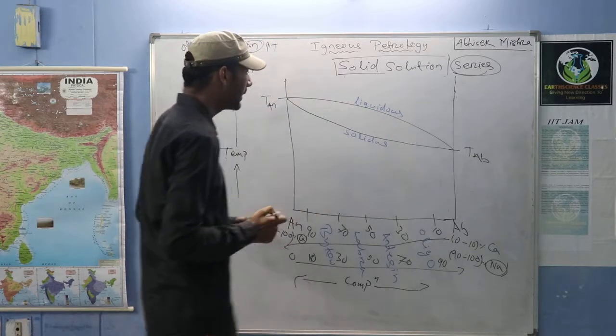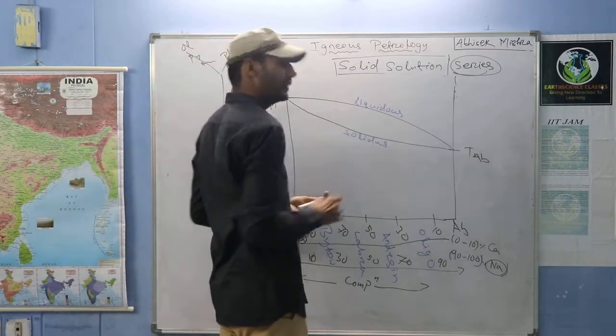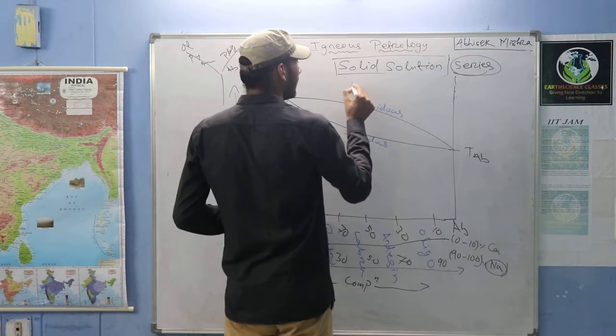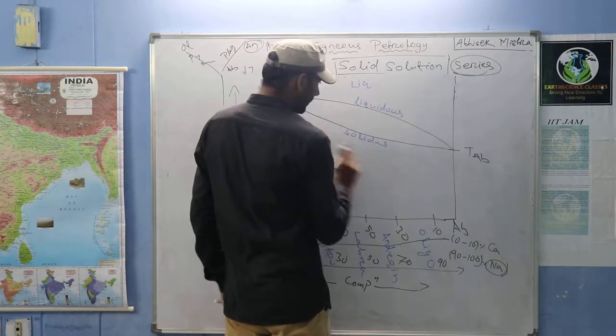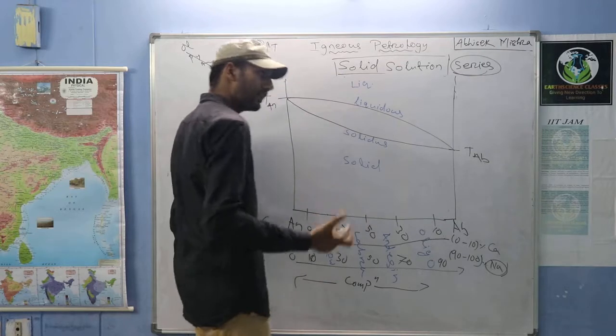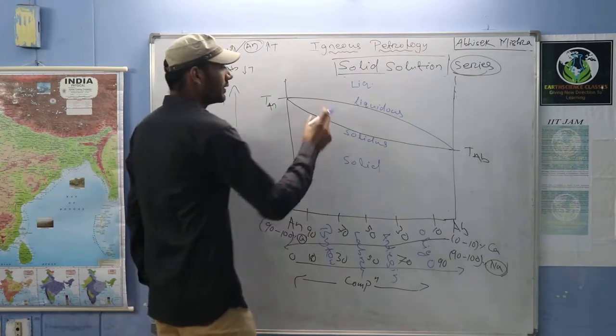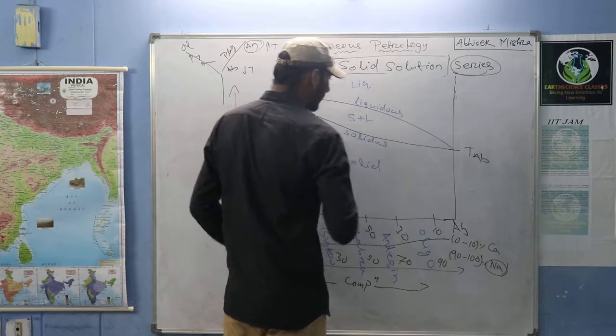Why is it named liquidus? Because above it all the phases are liquid. Here everything you will get is in liquid form. Below this curve you will get only solid form, or solid phase, or crystals. So in between you are finding solid plus liquid, right?